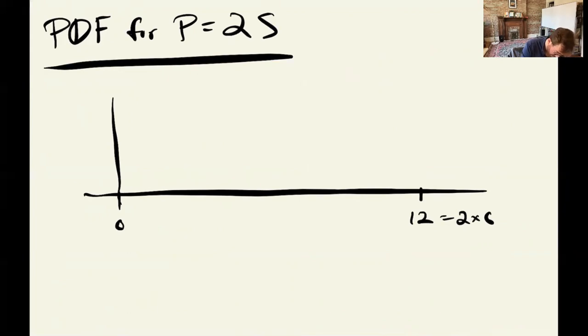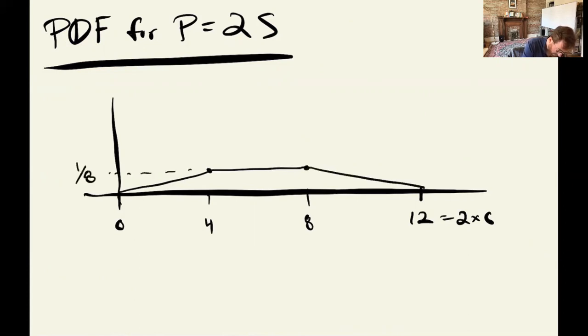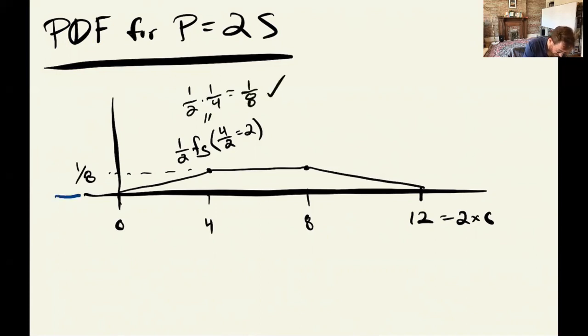So this is 4, and now this is 8. And this makes sense because this is 1/2 the PDF for S evaluated on 4 divided by 2, which is 2, which equals 1/2 times a 4th is an 8. So this ends up being our PDF for the perimeter. It ends up stretching out.